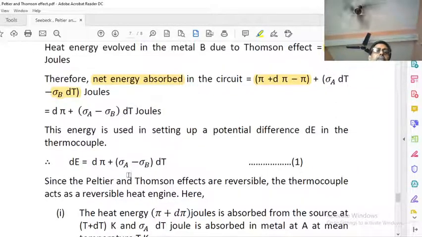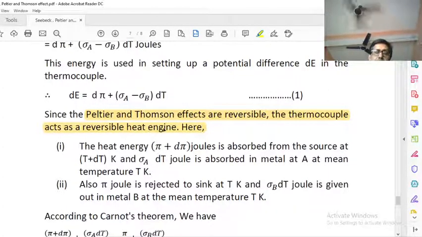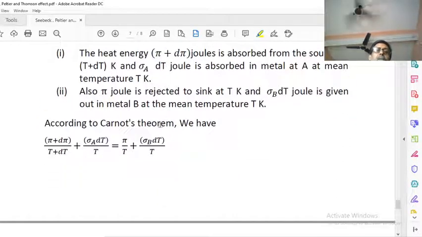Peltier effect and Thomson effect are reversible processes. So the thermocouple acts as a reversible heat engine, and according to Carnot theorem, this one, pi plus d pi by T plus dT, sigma A, as I told you, heat energy by temperature.